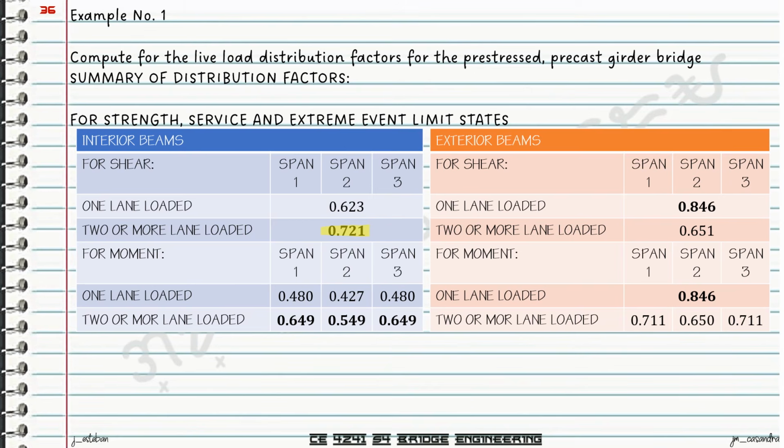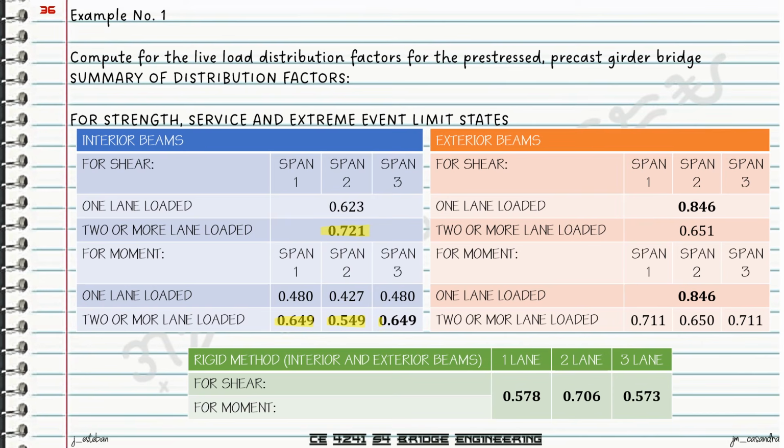Then for the moment for all the spans, we have your 1 lane and 2 lanes loaded, and the controlling values for each span are these values for the moment.